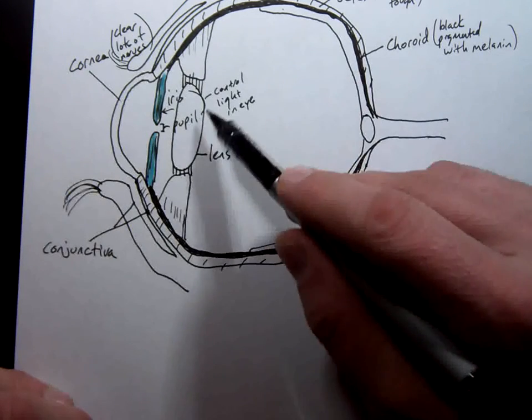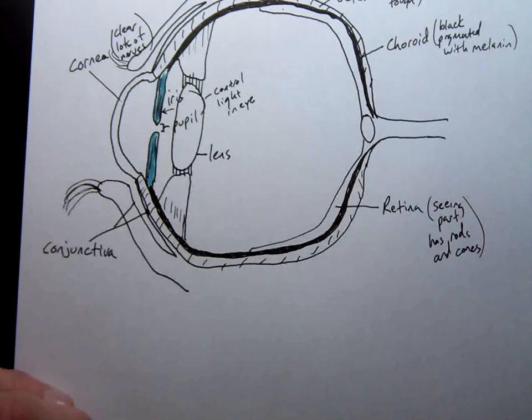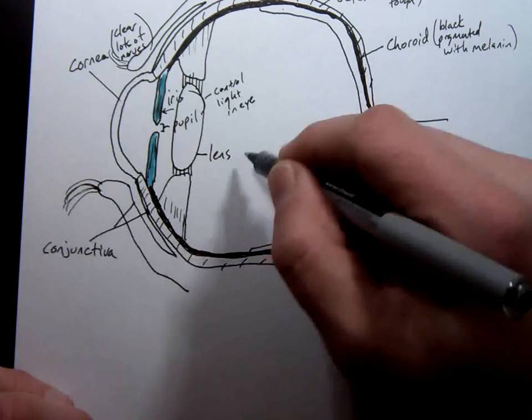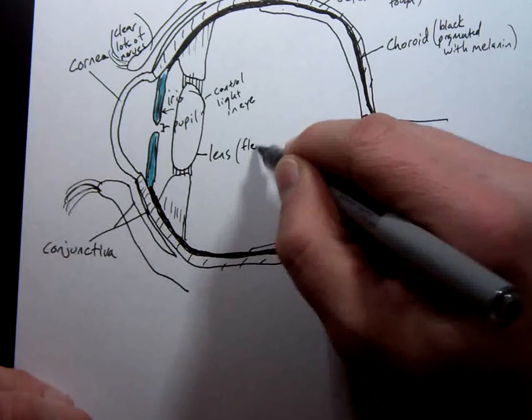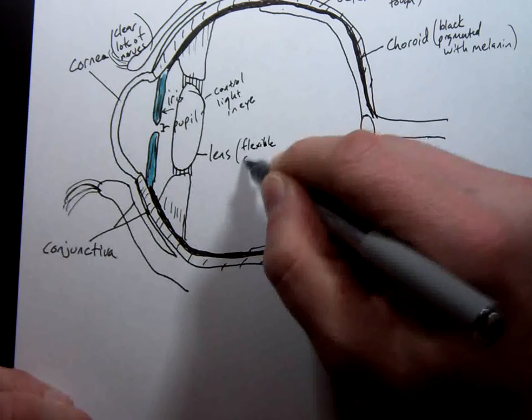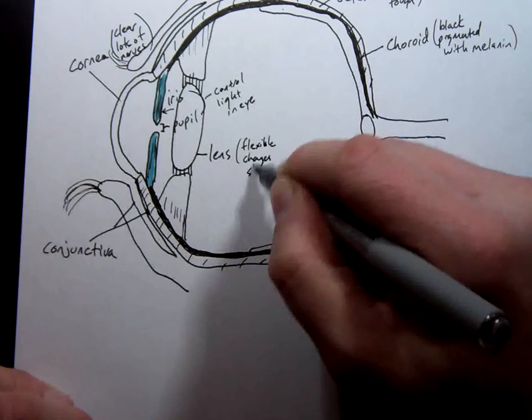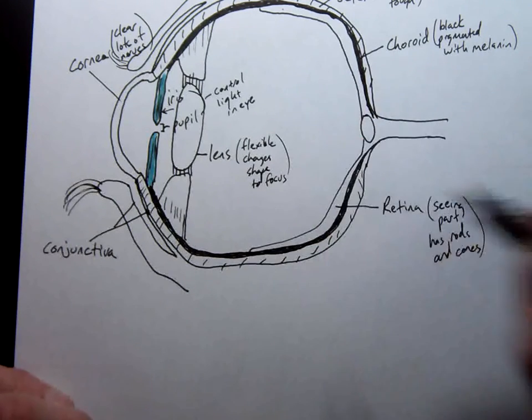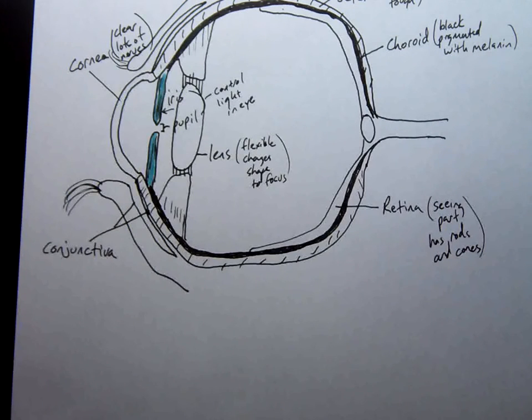Folks, when you look up at the board, your eye has to focus differently than when you look at your paper. Let me tell you what's cool about the lens. It's flexible and it changes shape to focus. Now the lens in and of itself has no impetus to change its shape.